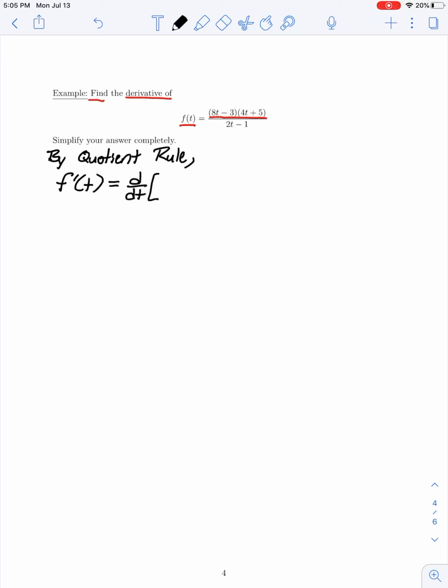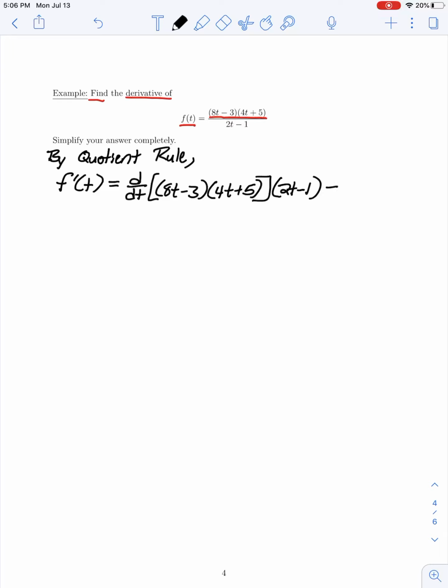So for right now, I'm just going to write the derivative of the numerator using the Leibniz notation, d over dt, so the derivative with respect to t, of our numerator, 8t minus 3 times 4t plus 5. So that is the derivative of the numerator times our denominator, which is 2t minus 1.